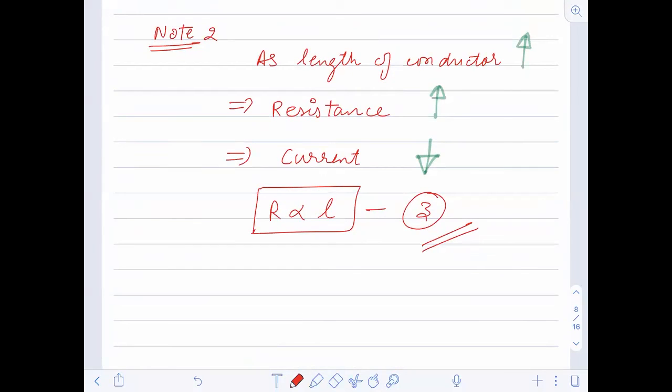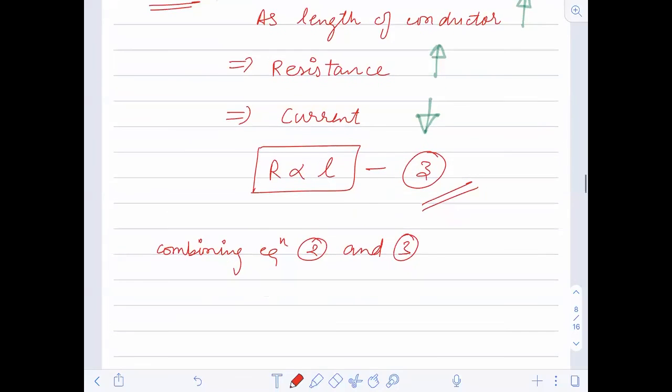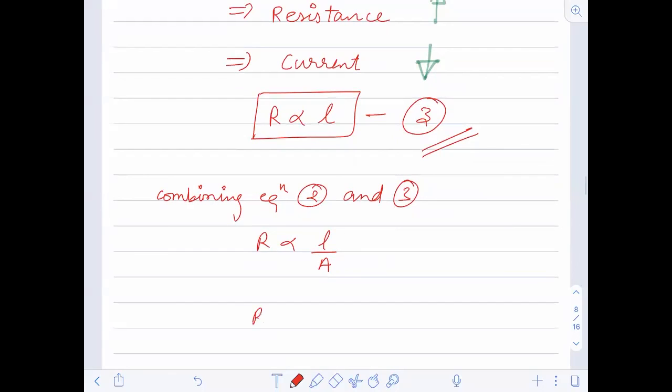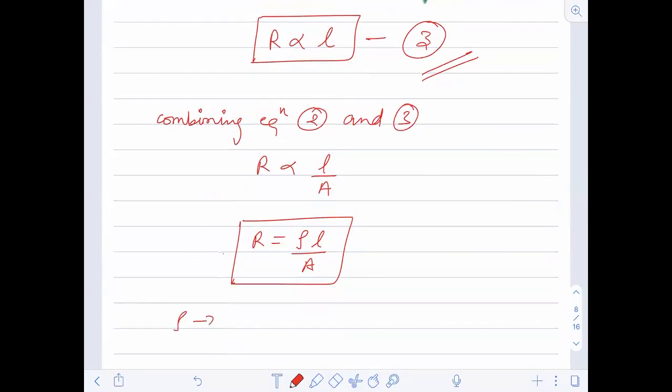What will I have? R is proportional to L by A, and when I remove this proportionality sign, I will bring a constant: R equals rho L by A, where rho is resistivity.